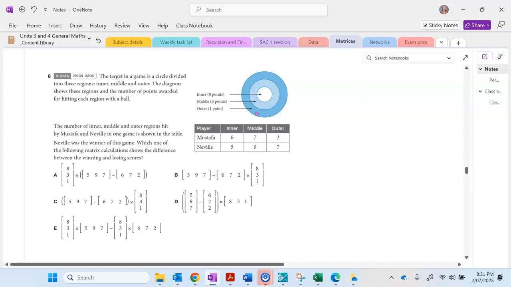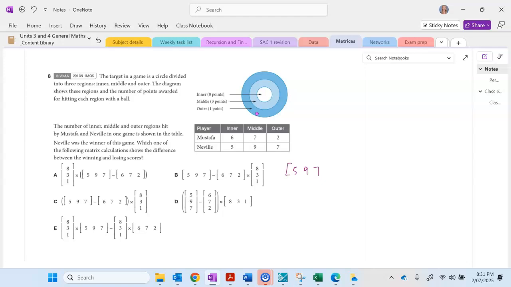So Neville is just 5, 9, 7, and if we're working out his score, that would be multiplied by 8, 3, 1. All right, so that's Nev. And then Mustafa is 6, 7, 2 times 8, 3, 1.